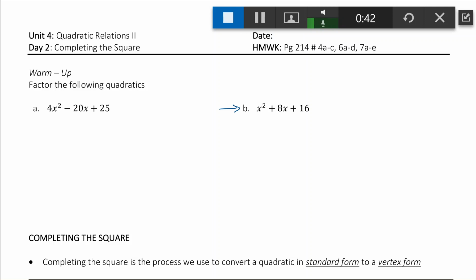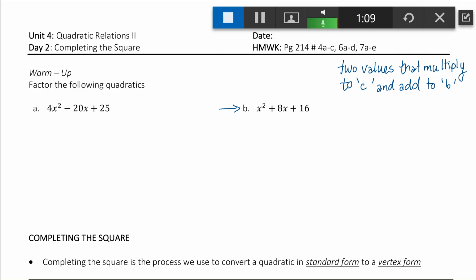Okay, so if we factor a quadratic in standard form, remember we're looking at two factors or two values that multiply to C and add to B. Remember, our quadratic in standard form follows this general form, ax squared plus bx plus c.